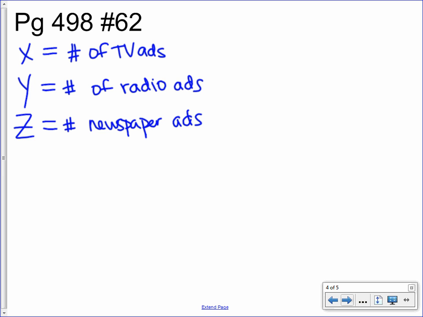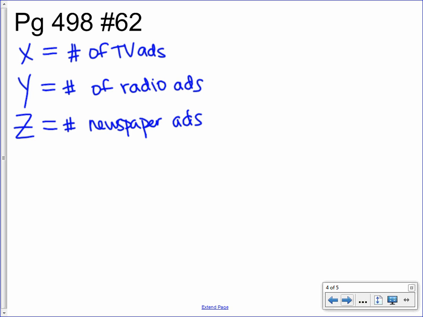How much money is in the budget for advertising? $42,000 in a month. So, what can we do with that? Now X is the number of ads, Y is the number of ads. Okay, we're talking about money.